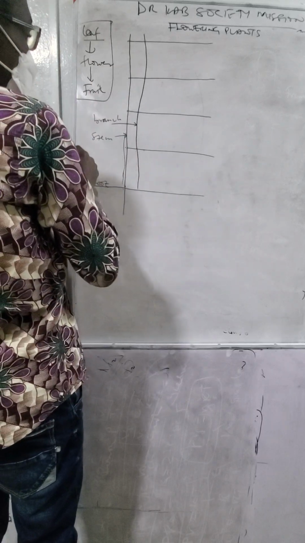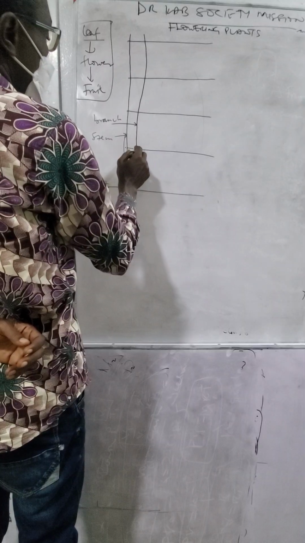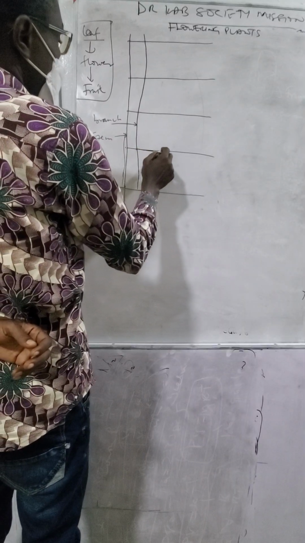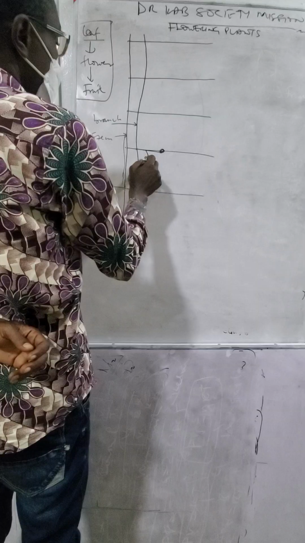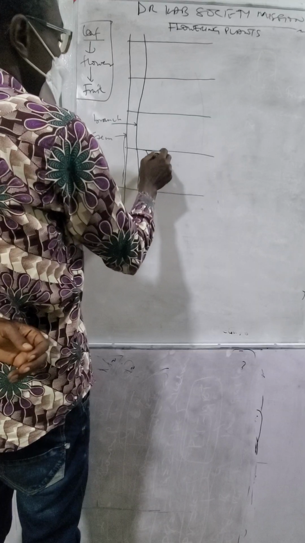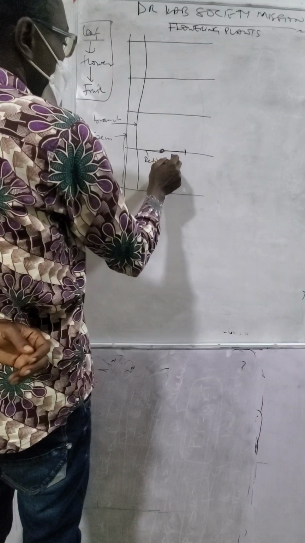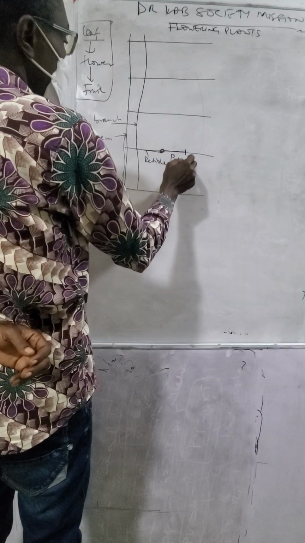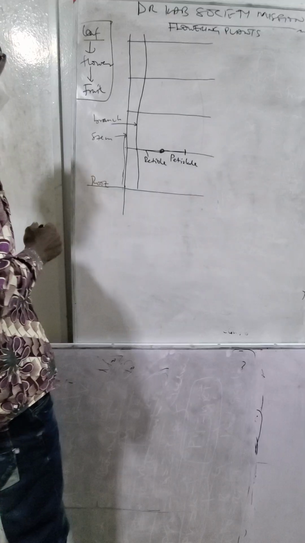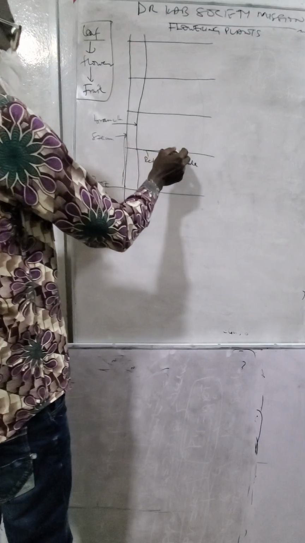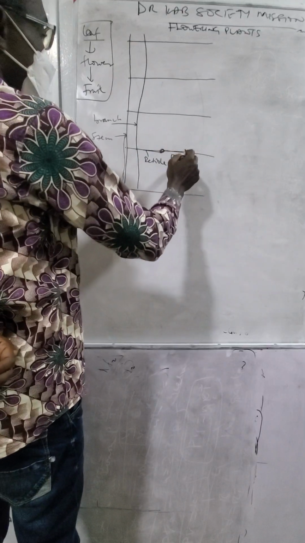The leaf usually has what we call the first part, let's call it the petiole, a small portion modified to become the petiole. At this point, the leaf can then join.